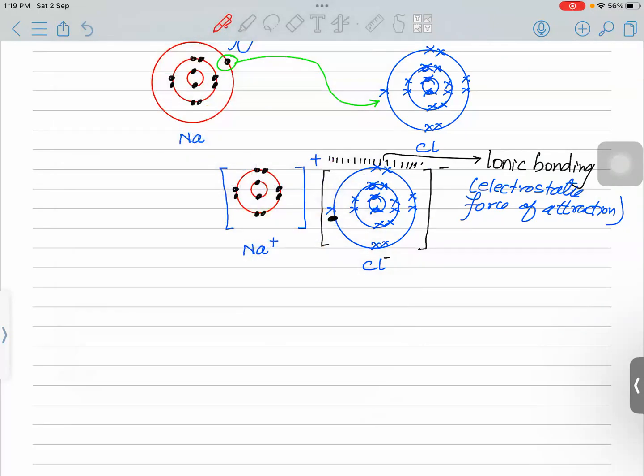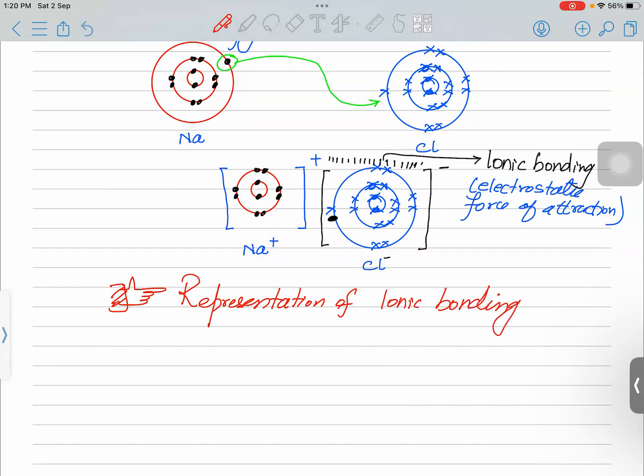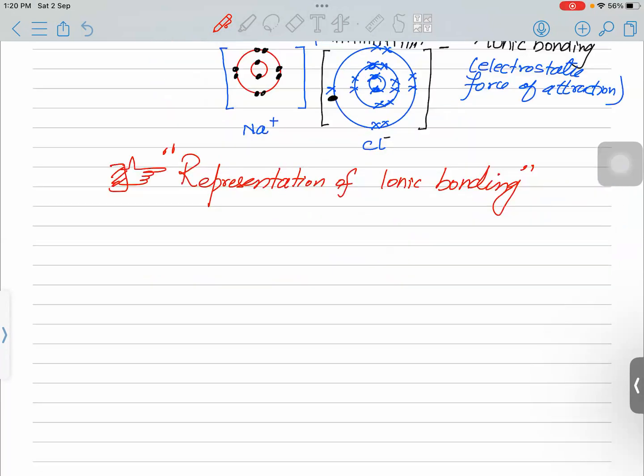Now make the heading: representation of ionic bonding. Second subheading is dot and cross diagram.